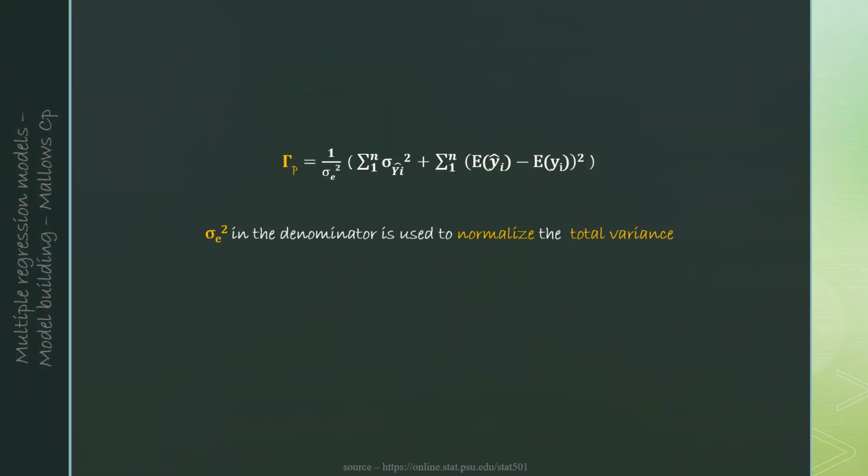Sigma e square in the denominator in the above equation for gamma p is used to normalize the total variance.